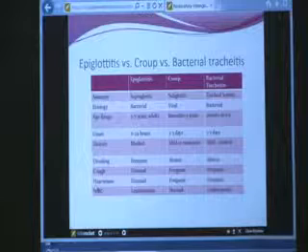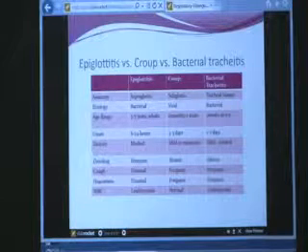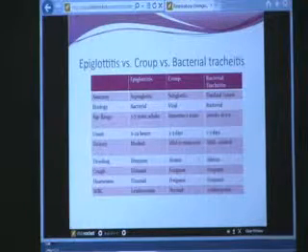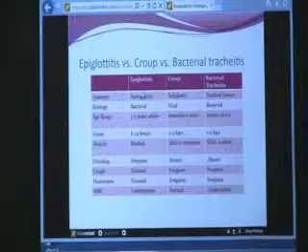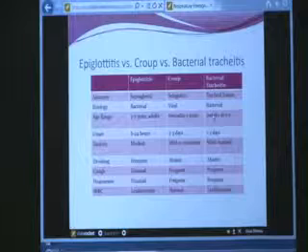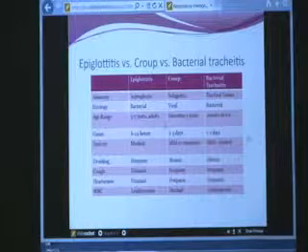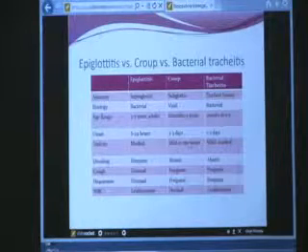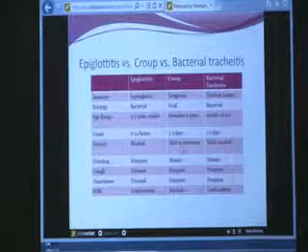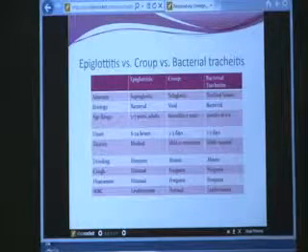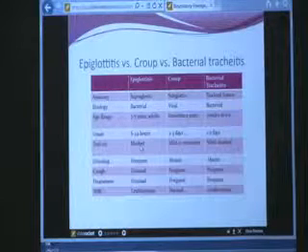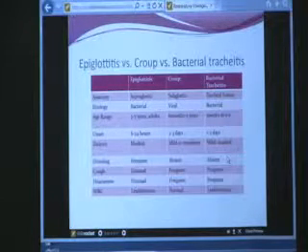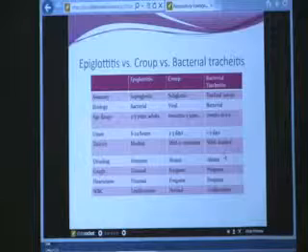And this is just a table that shows you the difference between epiglottitis, croup, and bacterial tracheitis. Croup is usually viral, whereas epiglottitis and bacterial tracheitis are bacterial. You can see the age range, the onset. Croup kids, like I said, usually come in looking bad, but then by the end they're fine, running around the emergency room, whereas the epiglottitis and bacterial tracheitis patients can look sick.